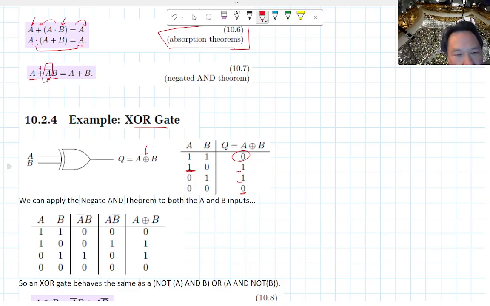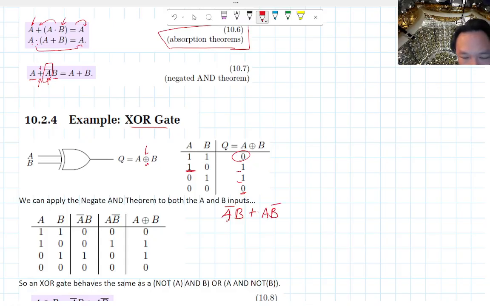What we can do is apply the negate-and theorem from above. Let's write the equivalent that we want: A bar B plus A B bar.